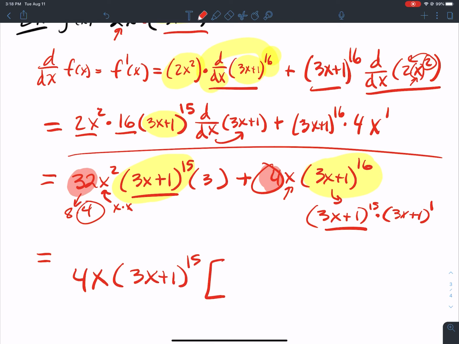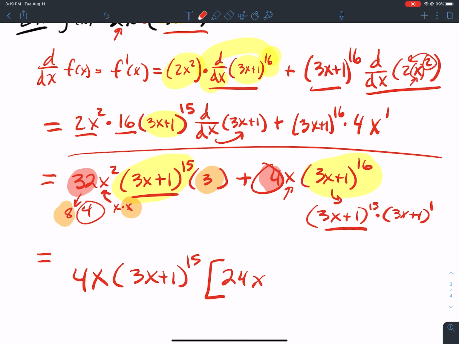And so when I do that, what do I have left? Well, I have an x left over. Okay. I also have an 8 left over. And I also have a 3 here left over. So 8 and 3 make 24x. Now what do I have left over here?